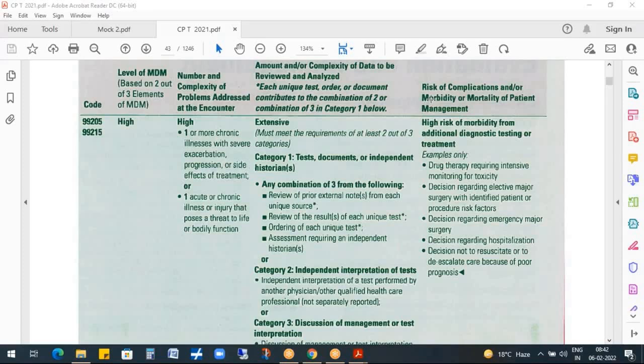See, when a physician decides on a major procedure, definitely there is a life-threatening condition. Yes, Vishnu, now you understood, based on this management option, for high.